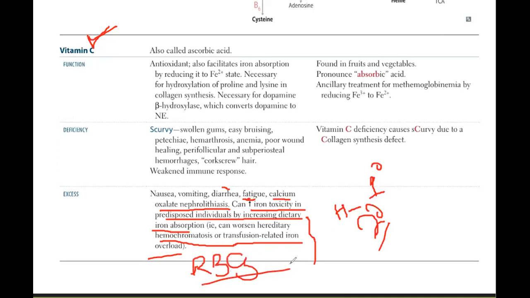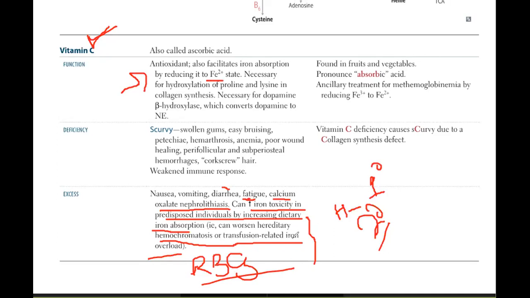RBC contains iron, okay, Fe2 positive. So the patient is in iron overload, and you are giving him vitamin C, which is converting more and more Fe3 into Fe2. So it will worsen the situation. Never prescribe vitamin C to such patients.